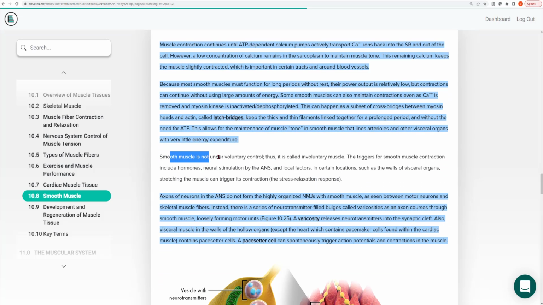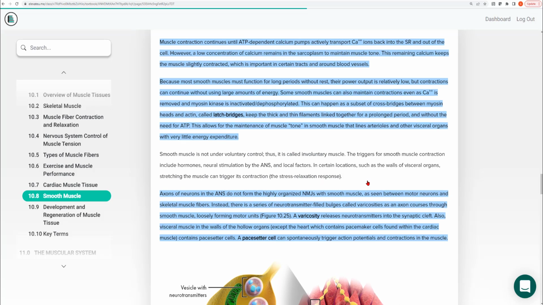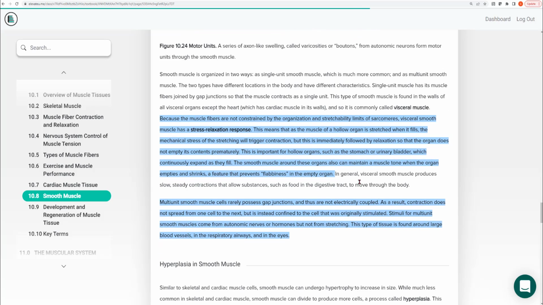We know that smooth muscle is involuntary. And again, we find this smooth muscle along the walls of your organs all over the place. And we'll talk a little bit more about this when we get to the nervous system as well. So again, don't worry about all of these good things. And I believe that's it.